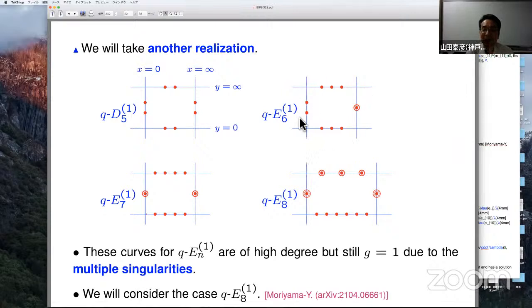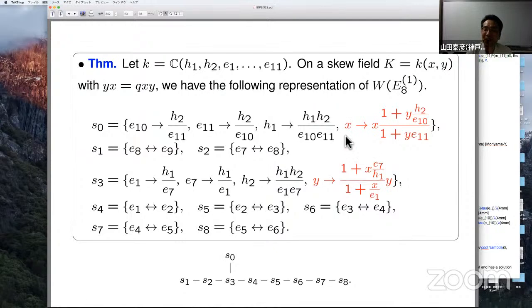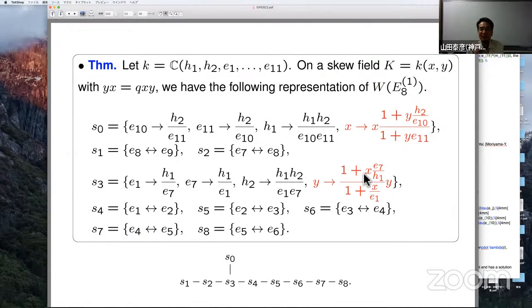A similar thing is also in this case. In all cases, the actions are essentially given by this transformation, and the other Weyl reflection is nothing but the exchange of the parameters.